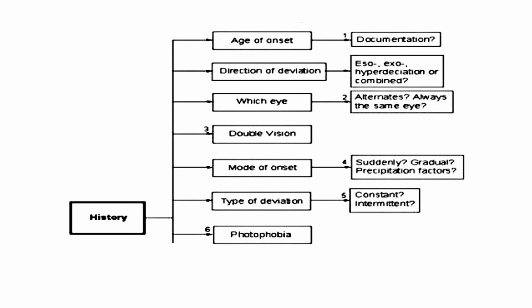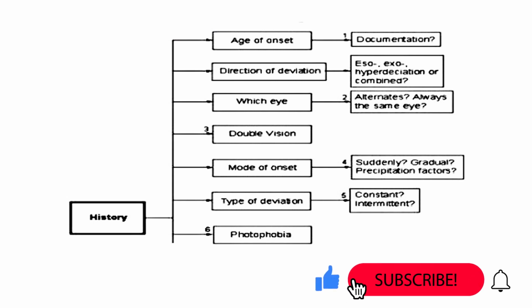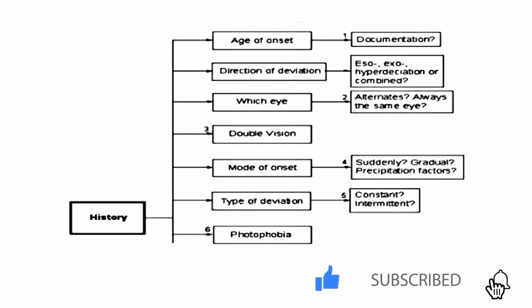Age of onset is very important, and we have to document prematurity or birth history and all the presentation, like infantile esotropia is much more common at the age of 6 months. The direction of deviation, whether it is inward or outward, you have to ask the patient.